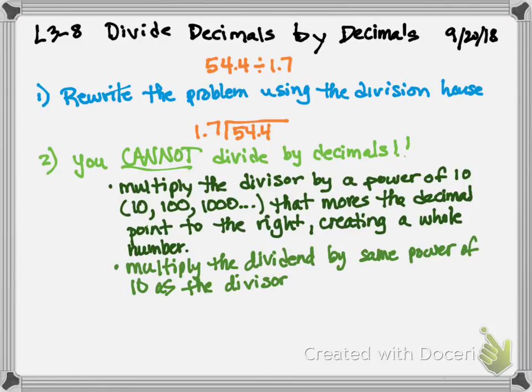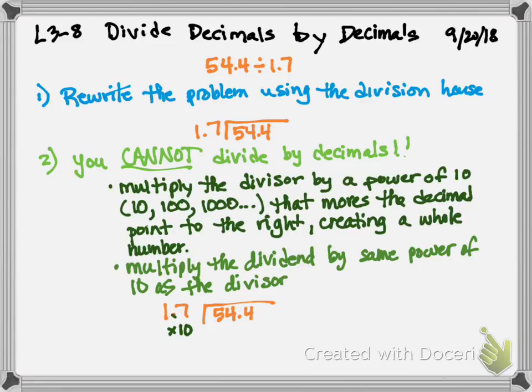That's just what it is. Okay? So in our example, I need to move the decimal point one place. So that means I'm going to multiply by the power of 10 with 1 zero.